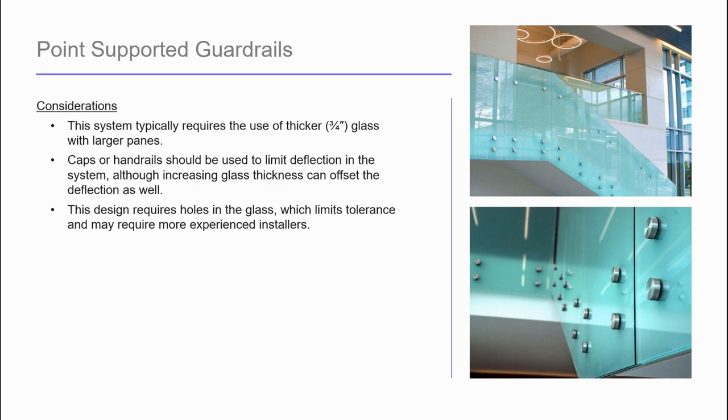The glass again is effectively taller. Caps or handrails should be used to limit deflection, although you can also increase the glass. That usually has a higher cost implication. One thing you have to keep in mind for installation is that you need holes in the glass. That limits tolerance. We have a fitting that does a really good job of taking up that tolerance, but you usually need more experienced installers to install this glass.